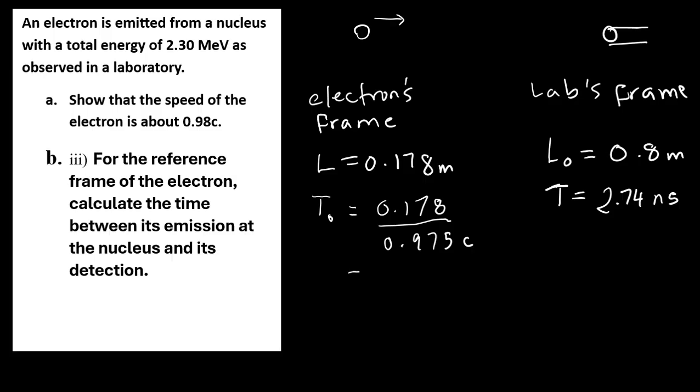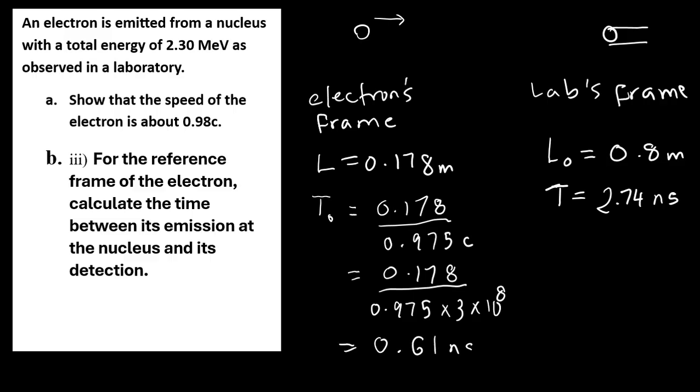Now, if we open this up, it will be 0.178 divided by 0.975 times the speed of light, which is 3 times 10 power 8. When we work this out, we get 0.61 nanoseconds to two significant figures. So that's one approach. We just work it out from the electron's frame.